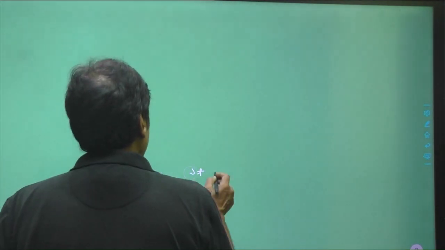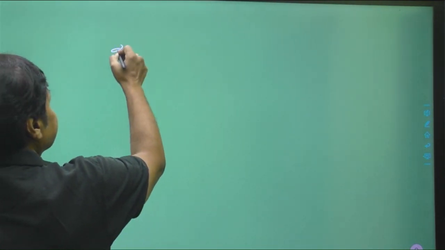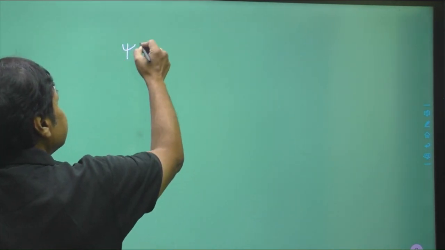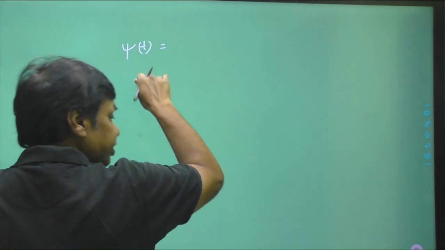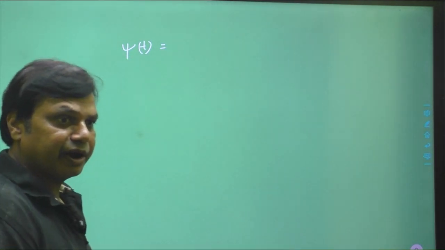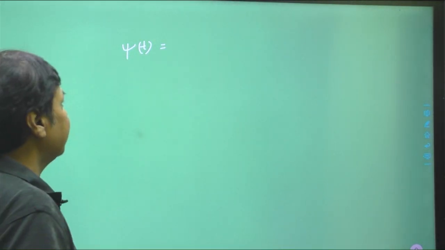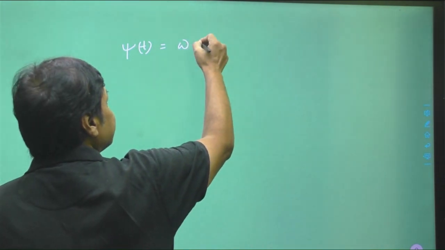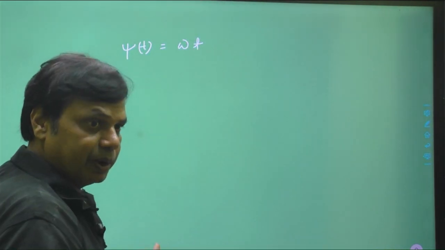I don't need this as well, because we have something like this: that psi was given. So this is the angle between the magnetic field and the area vector, and this angle can be written in terms of the angular velocity of the loop as omega t.